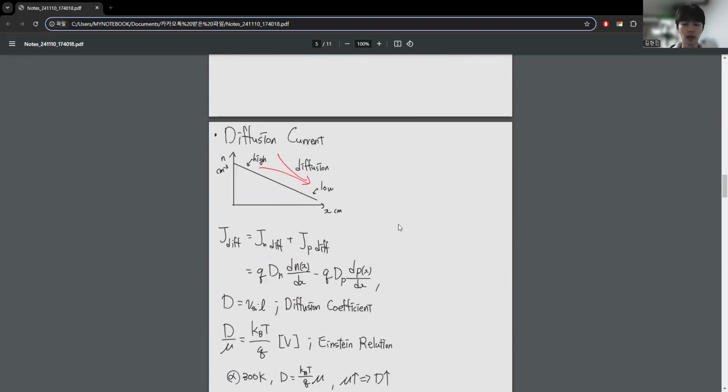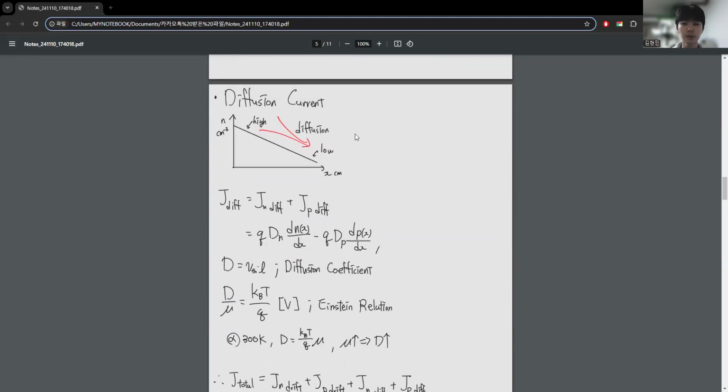And we're going to talk about diffusion current. In a semiconductor, in this part the carrier concentration is high, and in this part the carrier concentration is low.